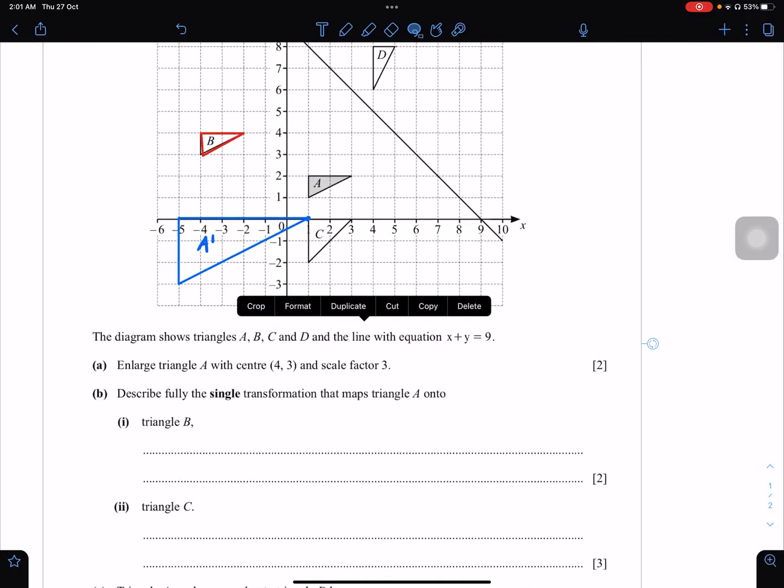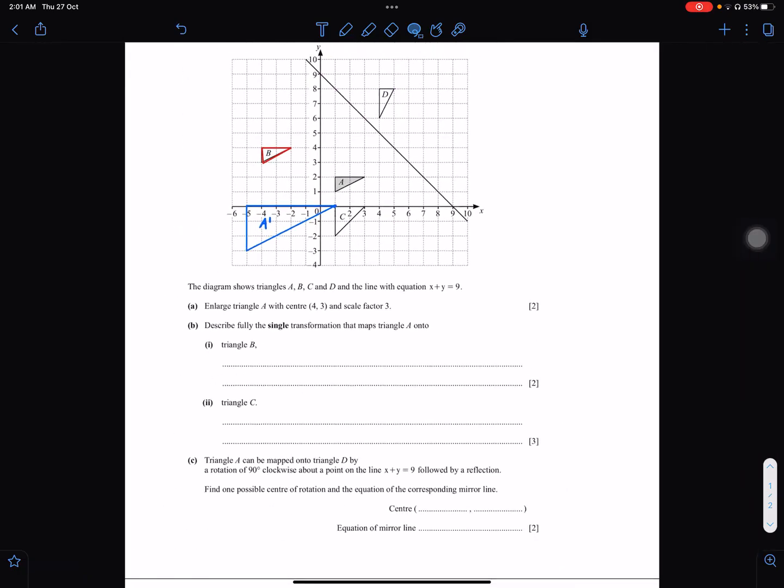The triangle has moved some units to the left and some units up. Let me take this particular point. It has moved 1, 2, 3, 4, 5 units to the left and then going up by 2 units. So there is a translation vector which is moving 5 to the left and 2 units up.